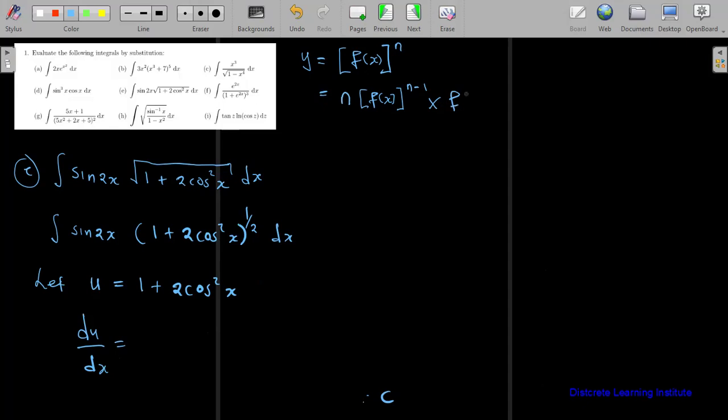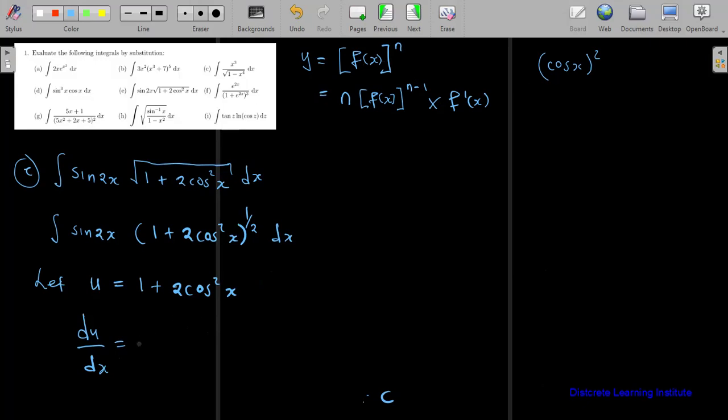So you multiply by f prime of x. So this is the chain rule. It's what we're going to use here, because remember, cos squared x is the same as cos x to the power what? To the power 2. So it looks exactly like f of x to the power n. In that, my f of x is now what? Cos x.